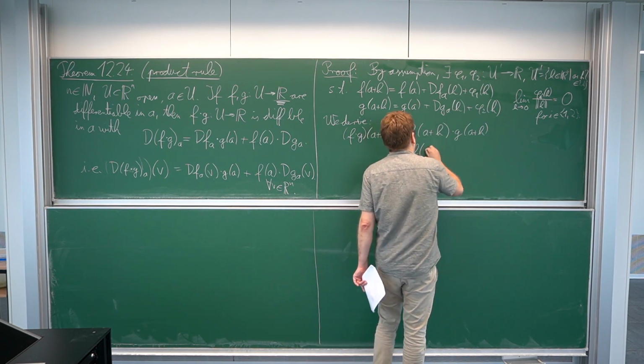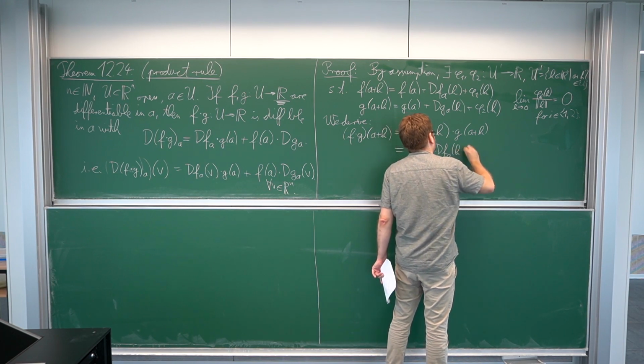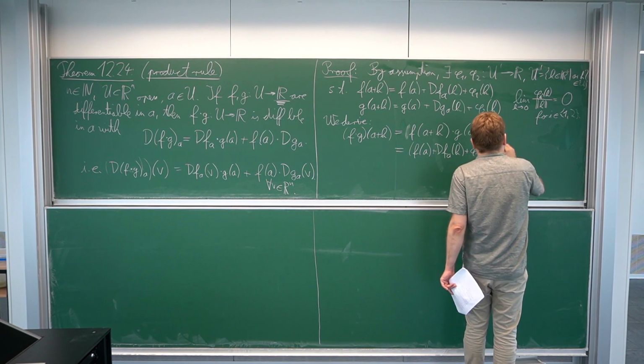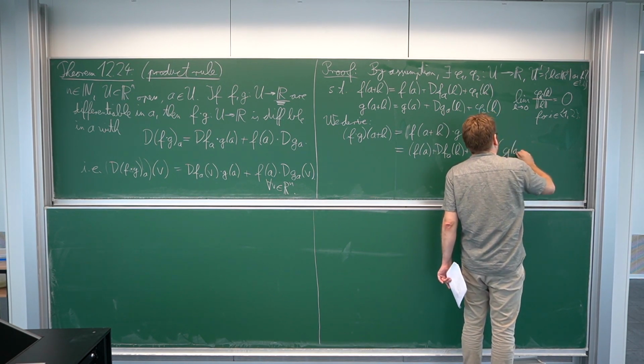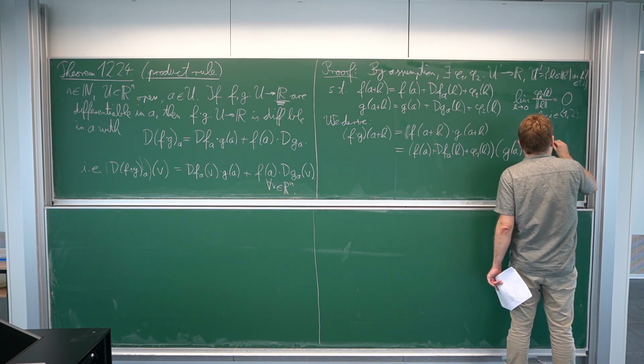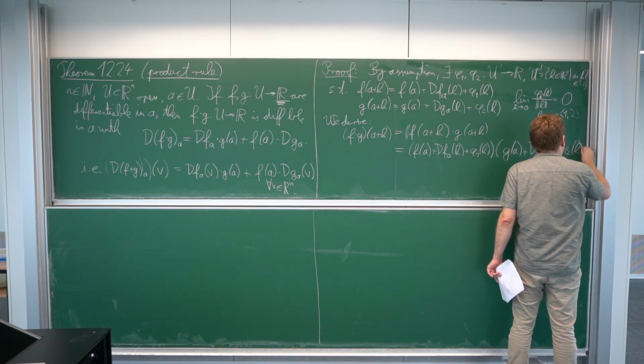So this is f of A plus dfa of H plus phi 1 of H times g of A plus dga of H plus phi 2 of H.